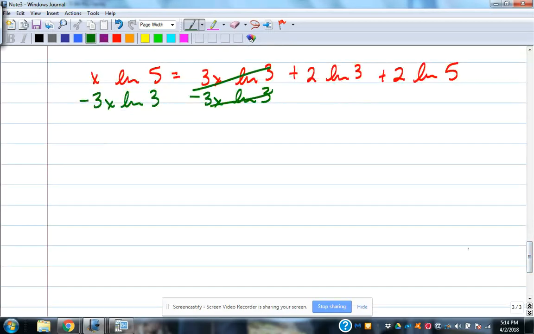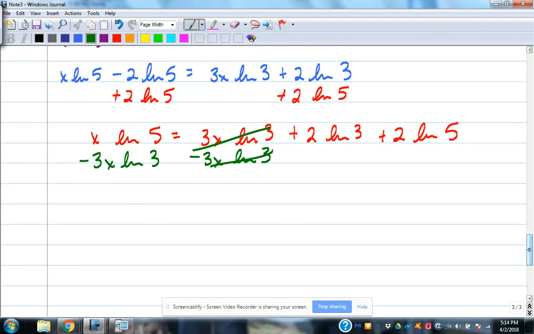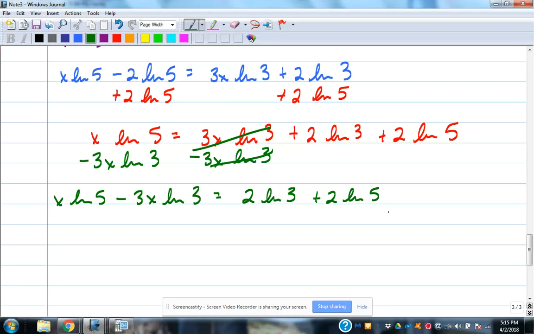That cancels out there. So we have x natural log of 5 minus 3x natural log of 3 equals 2 natural log of 3 plus 2 natural log of 5. It's long, but all you've got to remember is this is just a number. We're writing it in exact notation instead of the decimal. So this is just a number.